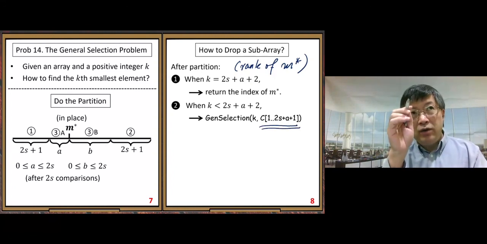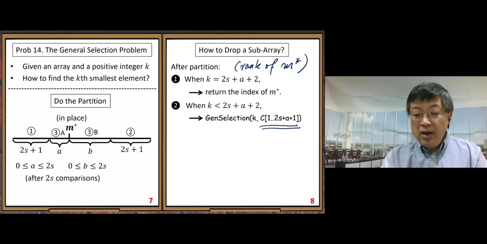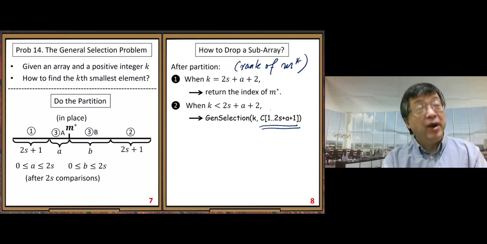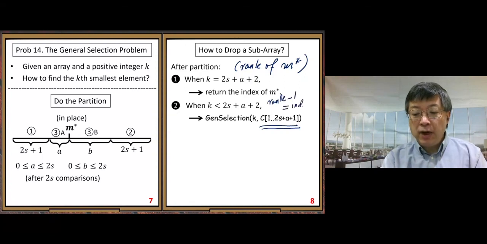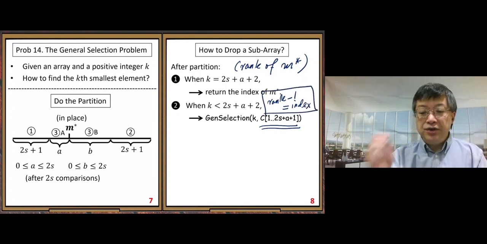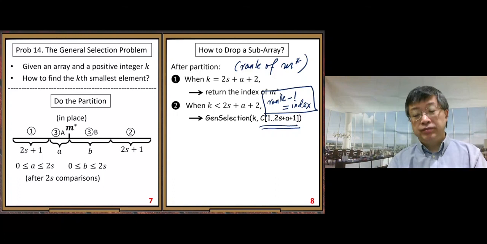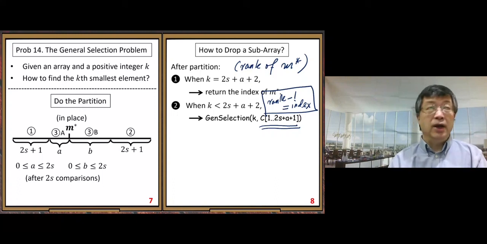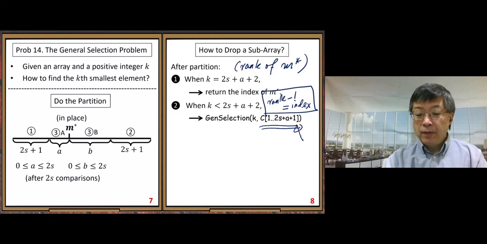The data part, we choose the original array, but we use the rank number. Here I use the rank number starting from 1, not 0, so the rank number minus 1 equals the index number. So when you manipulate the data, you need to use this relationship. So here we use the rank number.